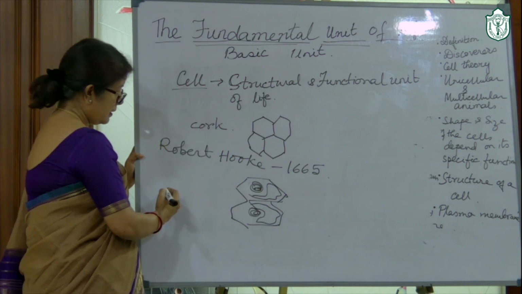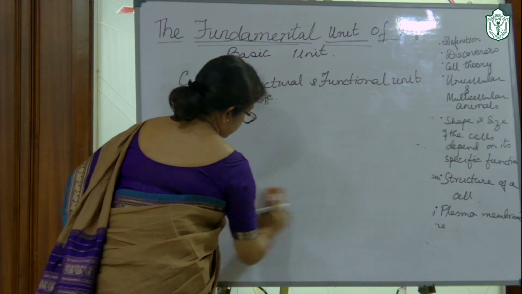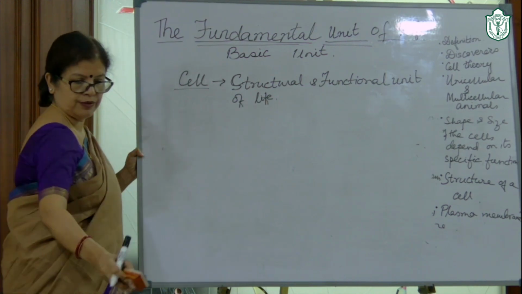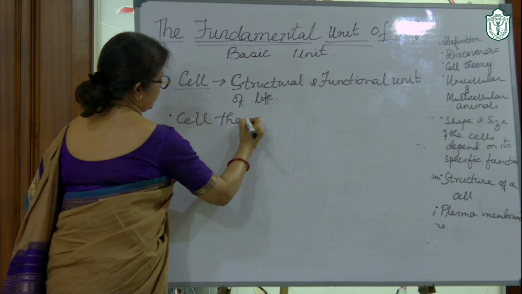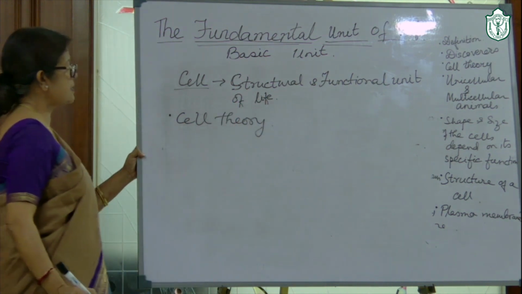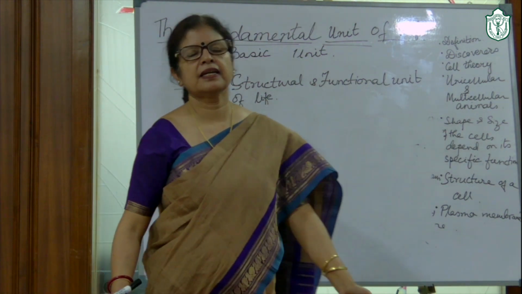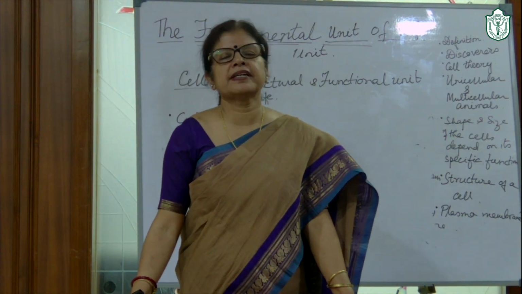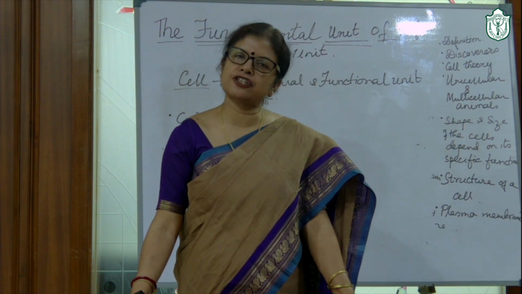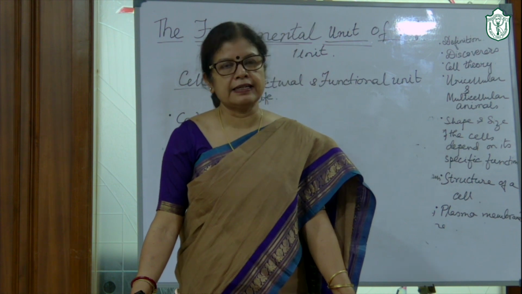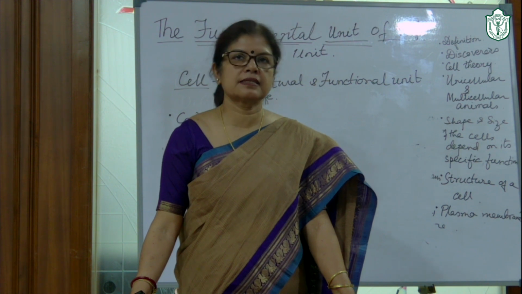But after Robert Hooke and Leeuwenhoek, three scientists, Schleiden, Schwann and Virchow, proposed the cell theory. What does this cell theory state? The cell theory states that an organism is made up of cells. Cells are the structural and functional units of life, and each cell develops from a pre-existing cell.